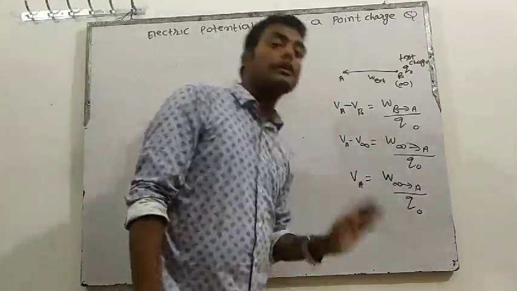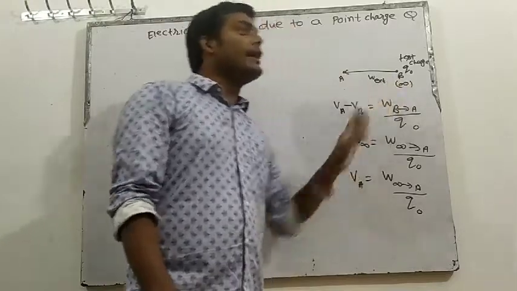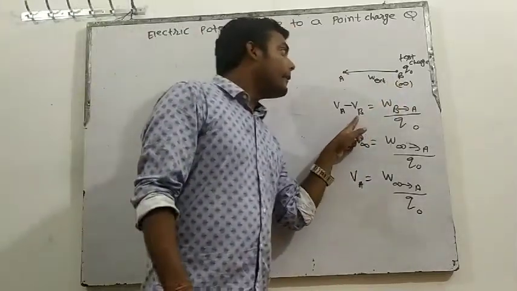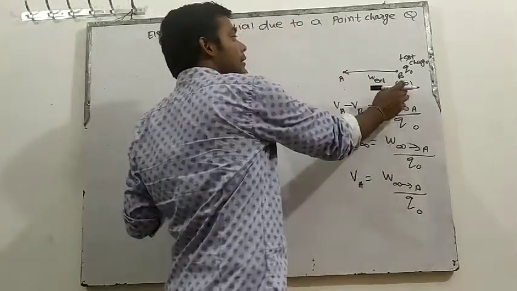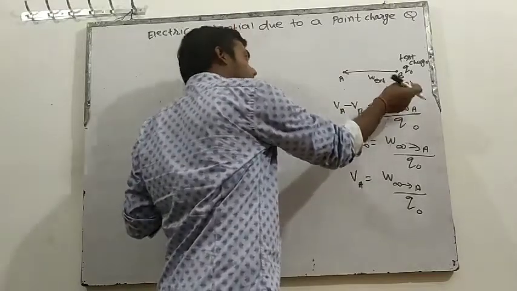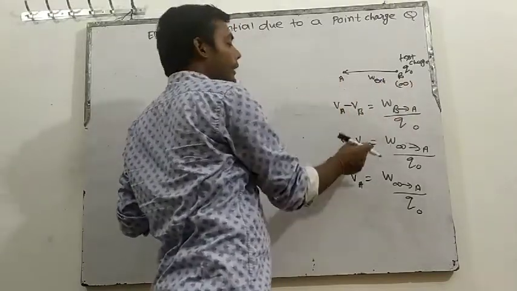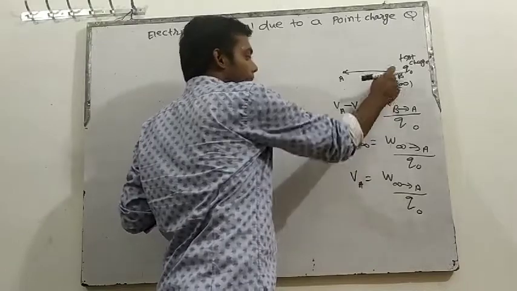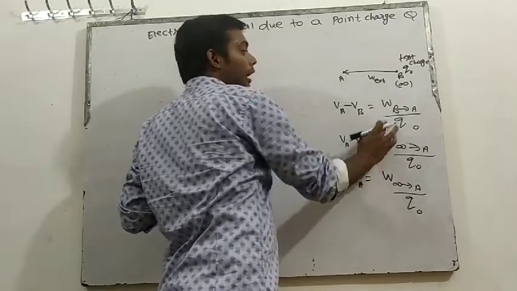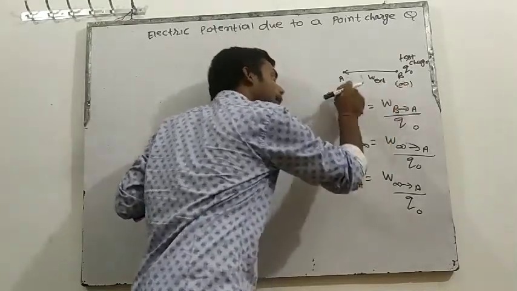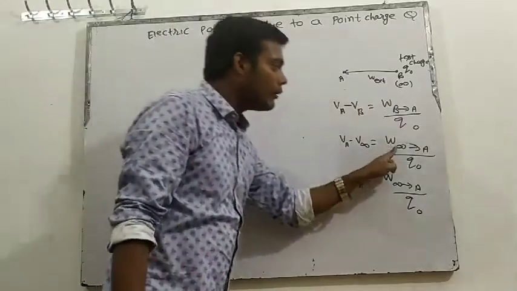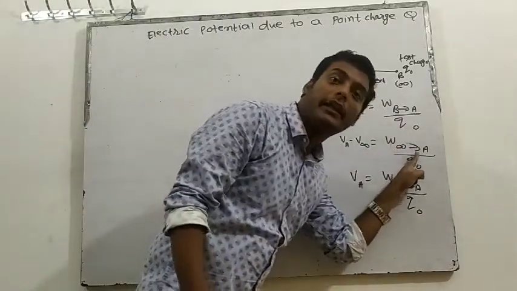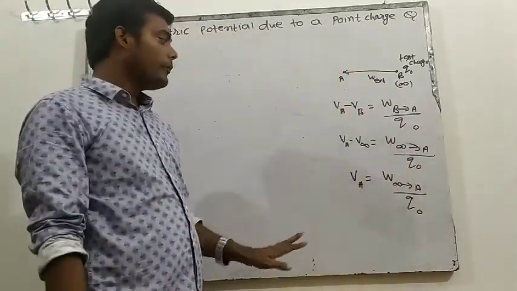Suppose this point B is kept at infinity. Then initially we are at infinity, and from infinity I will move to any particular point A. So it will be the work done in bringing the charge from infinity to A divided by Q naught.